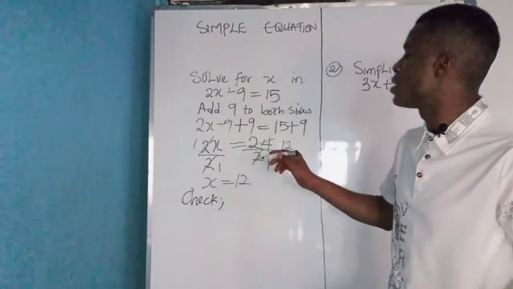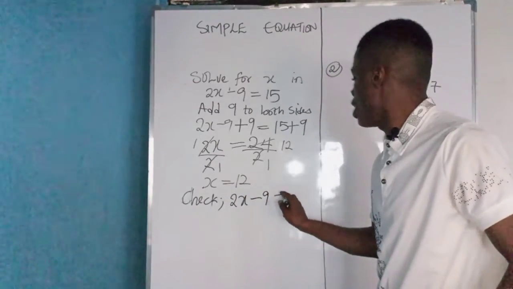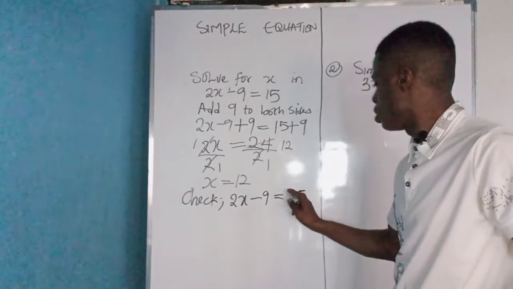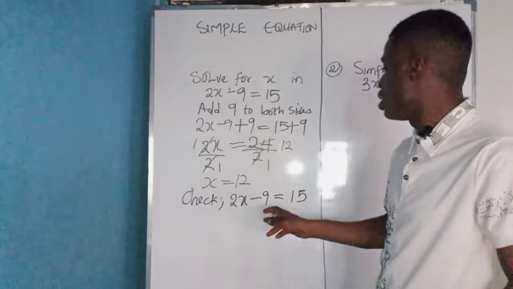The equation says 2x minus 9 equal to 15, and we have gotten the value of x to be 12.